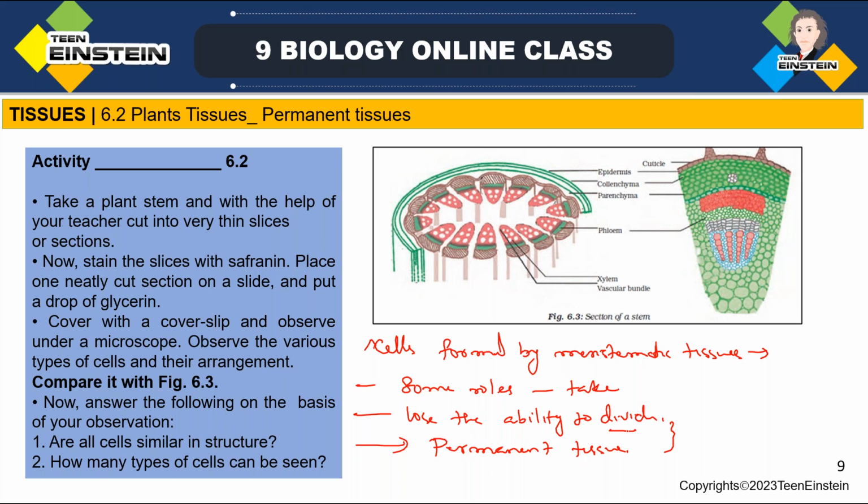That process is called differentiation. Differentiation means they are getting separated and losing the meristematic activity. They are getting a permanent work, size and shape. They are getting differentiated from the meristematic cells. That process is called differentiation. Got it?